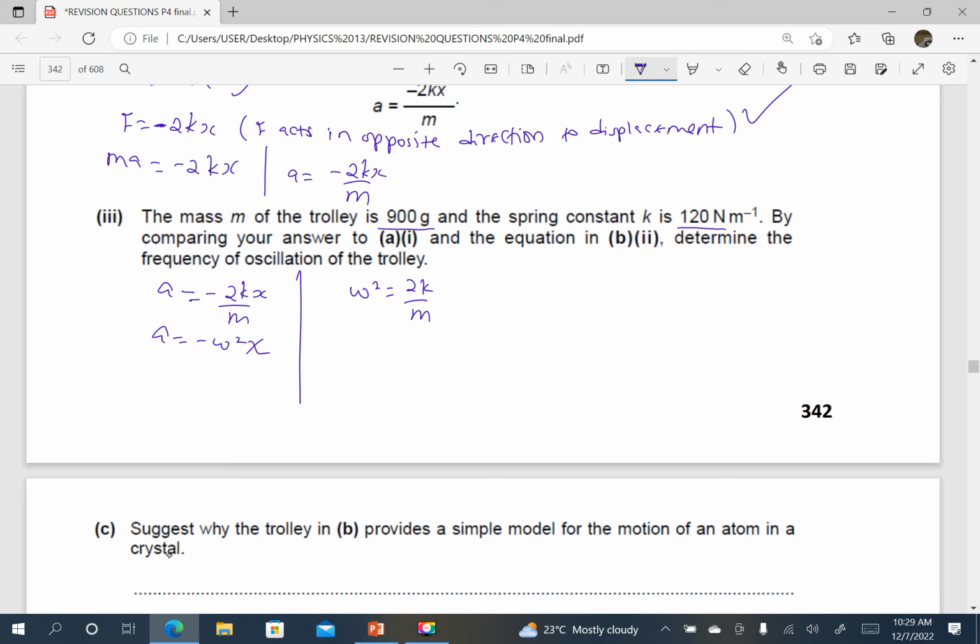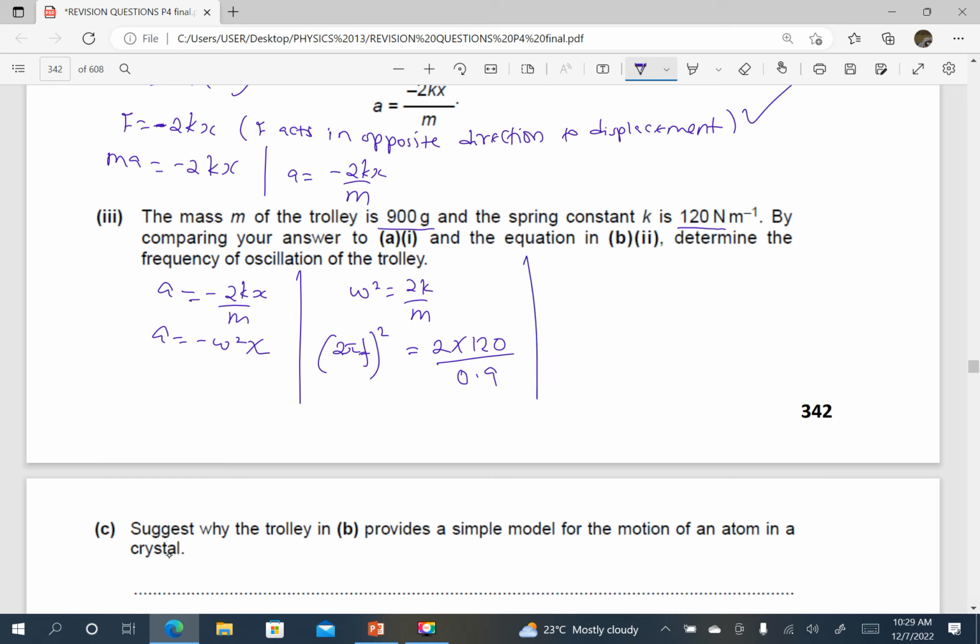But remember omega is 2 pi f, so we shall say that 2 pi f squared is going to be equal to 2k, and k is given as 120, the spring constant. Then over m, the mass is 900 grams. 900 grams is 0.9 in kilograms.